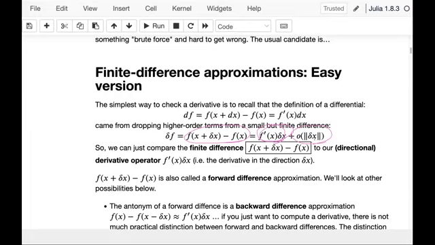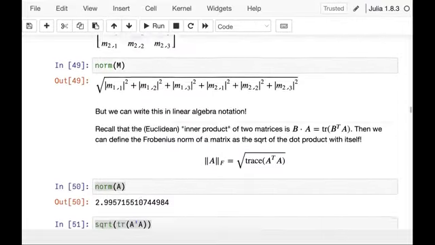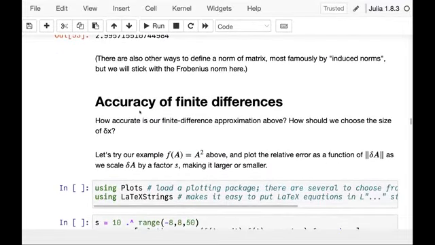In order to define what it means to be higher order, you have to have some measure of the length, of the size of a vector. And so you actually need a norm on any vector space if you want to define a derivative in this way. But fortunately, norms are very, very easy to define, and they're available for just about any vector space you're likely to think of.